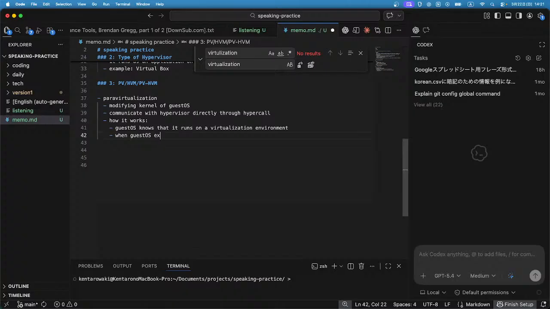Know how to execute privilege instructions like IO, page table operations.